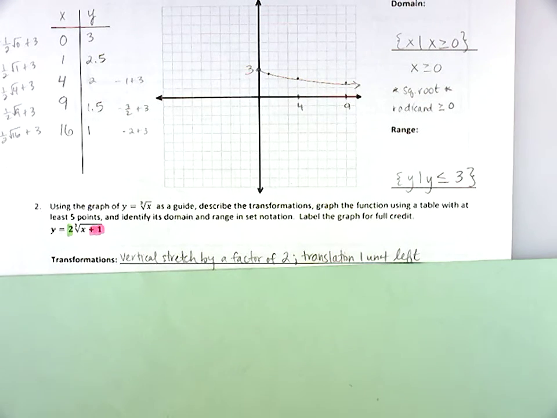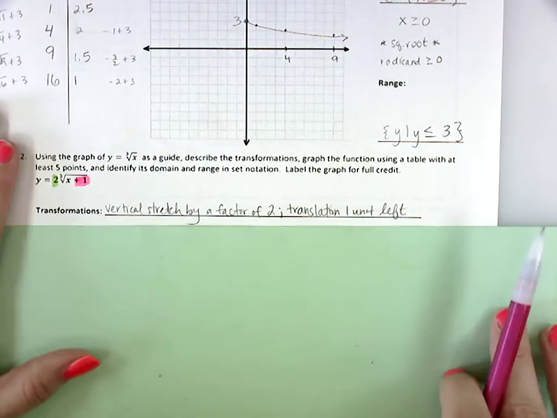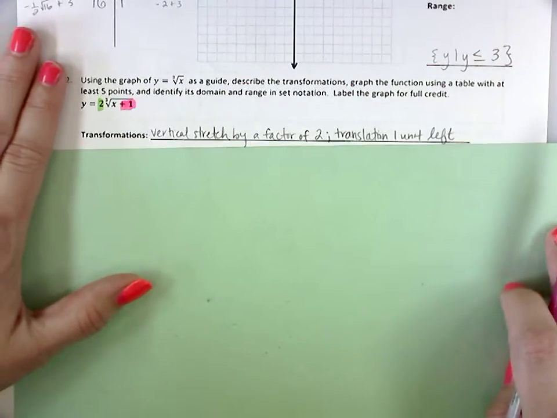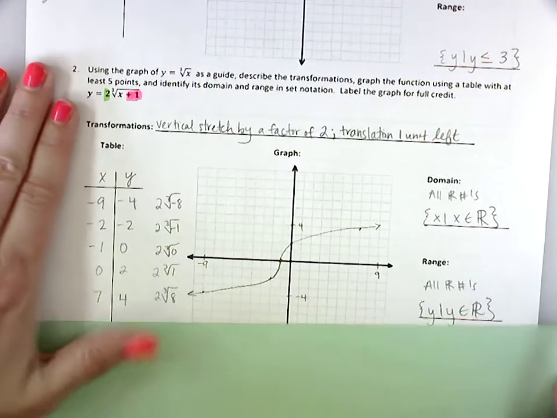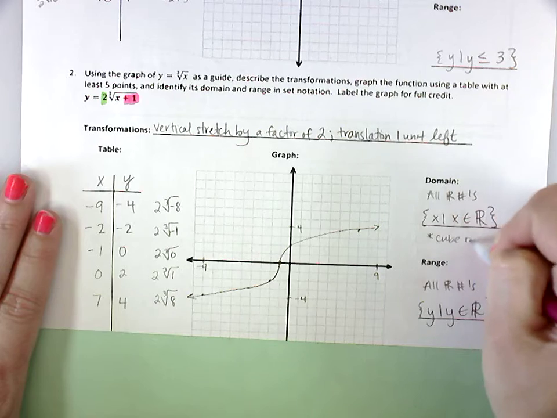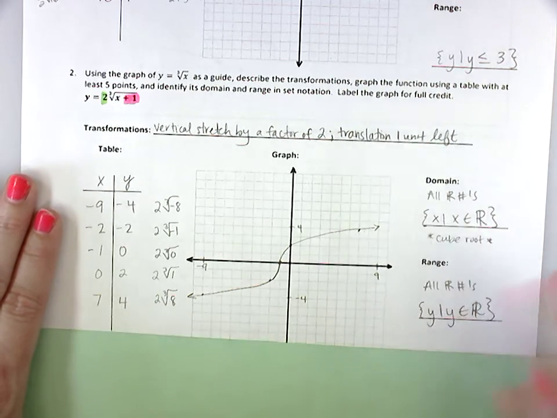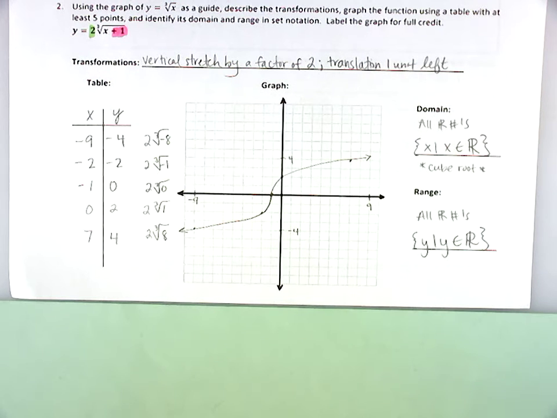Okay, so the 2 on the outside is a vertical stretch by a factor of 2. And then this would be a translation of 1 unit to the left. Now, because this is a cube root, your domain and your range is going to be all real numbers. The cube root is always going to be all real numbers, for both of them.